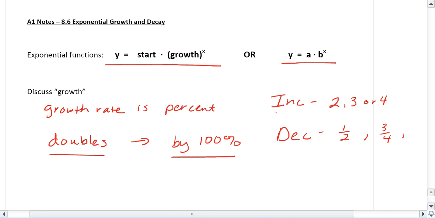So that was the difference, not positive and negative slopes like in linear, but a whole number bigger than 1 for increasing, and a fraction in between 0 and 1 for when it's decreasing.